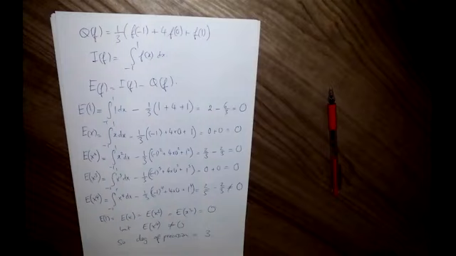Yeah? And then for the trapezoidal rule, how many points do you have? You have 2 points. Yeah? And for the trapezoidal rule, you can show that the degree of precision is 1 as well. Okay? We didn't do this previously, but you can show that its degree of precision is 1. Yeah?